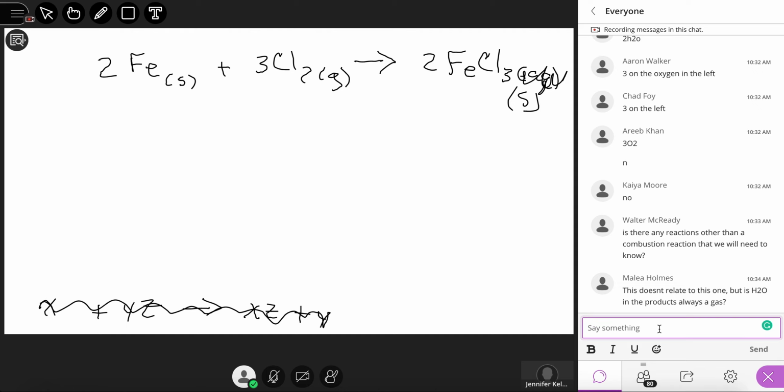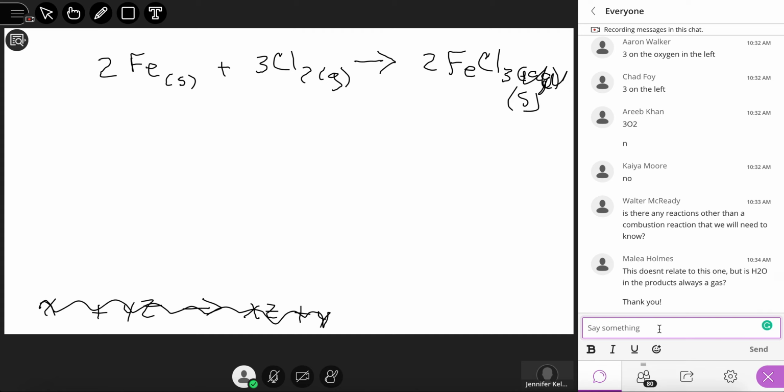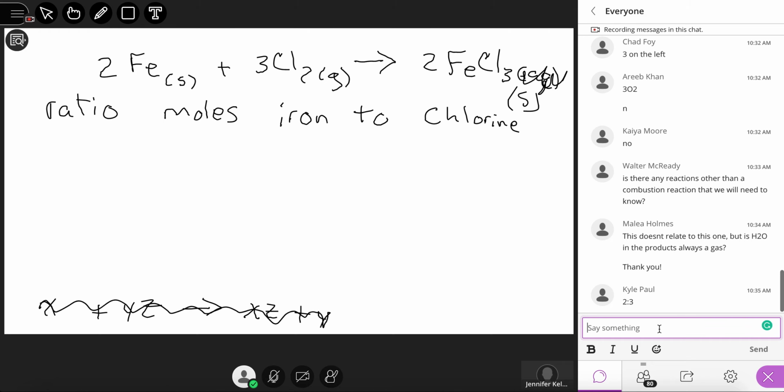All right, so the question is, what's the ratio of moles of iron to chlorine gas? All right, 2 to 3, perfect. And so where this is coming from, the 2 and the 3, here and here.